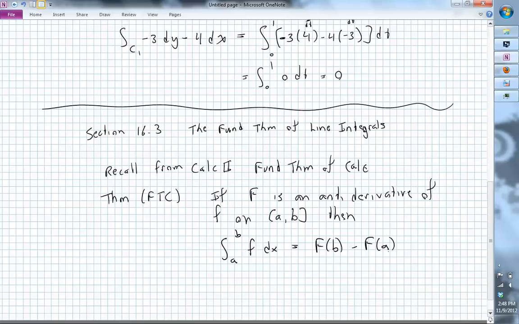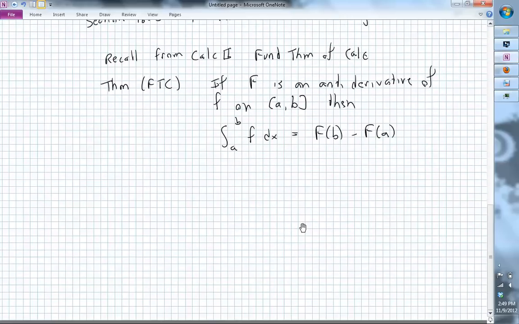E to the x squared is the classic, absolutely. E to the x squared, you can't find capital F. This fundamental theorem of line integrals is going to have the same issue. There are going to be certain functions where you simply can't find the right thing to go ahead and do the integral. Then you're stuck doing it the old-fashioned way. You have to parameterize and plug it in and so on, and it's potentially much more difficult.